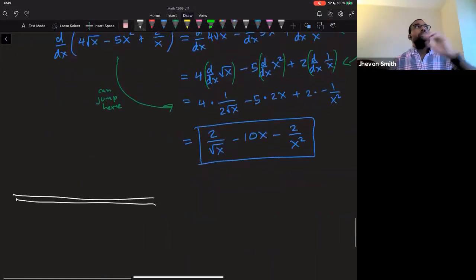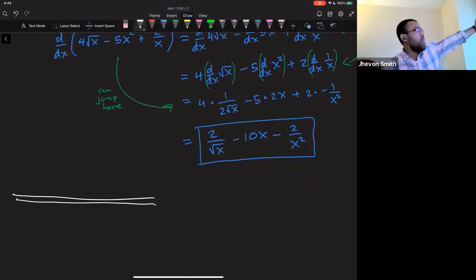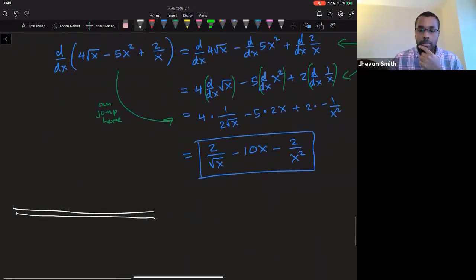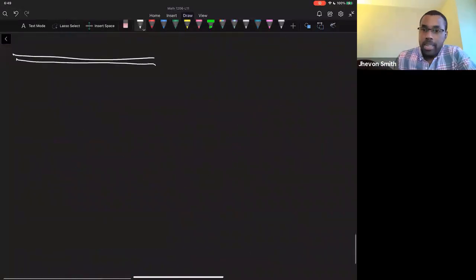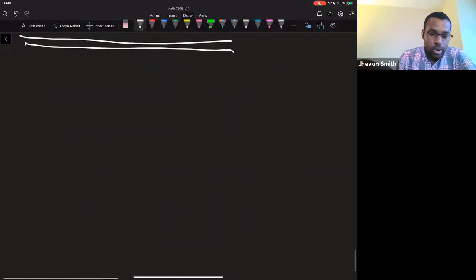Now, to throw back to something that I mentioned a long time ago: if you feel like, oh, this would be nice if this could happen, and I didn't say that that could happen, then chances are it can't happen. What do I mean? It might be very tempting to think that the derivative would distribute across a product.